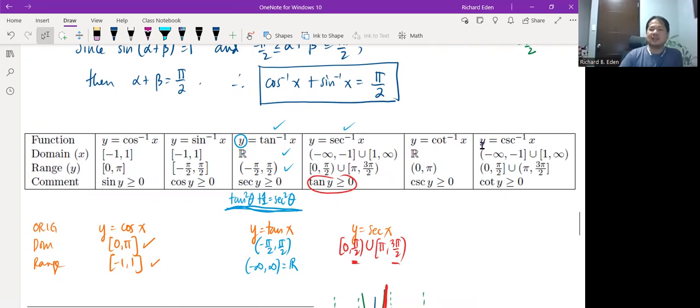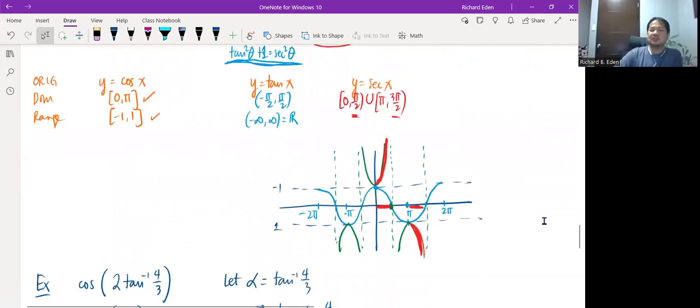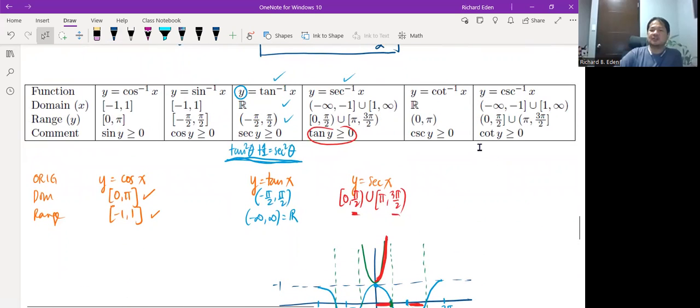Dapat, if y is cosecant inverse, cotangent is greater than or equal to 0. Which means, anong quadrants matatagpuan?